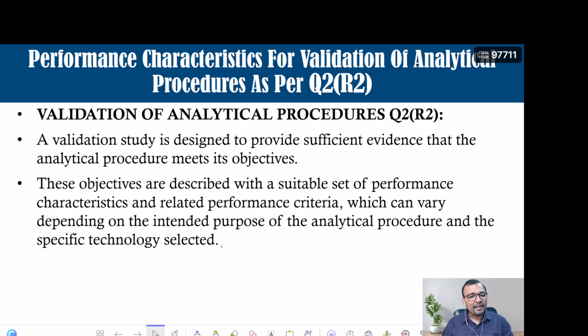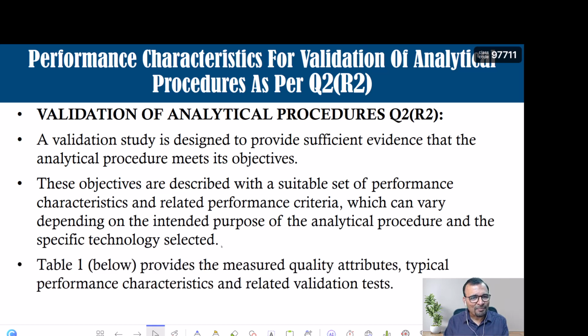Now, this can vary depending on the intended purpose of the analytical procedure and the specific technology selected. So the acceptance criteria cannot be fixed for all technologies. It could be different for HPLC than for UV spectroscopy, or there could be different acceptance criteria for atomic absorption spectroscopy versus titrimetry. So those specific acceptance criteria will depend on the analytical procedures and the technology selected.